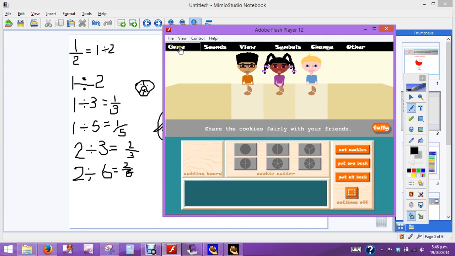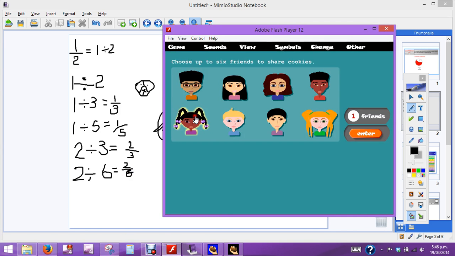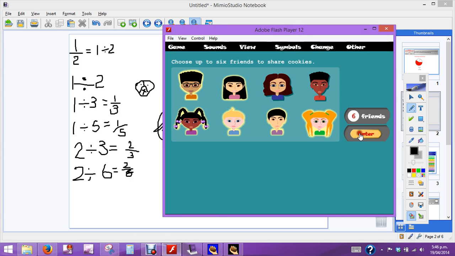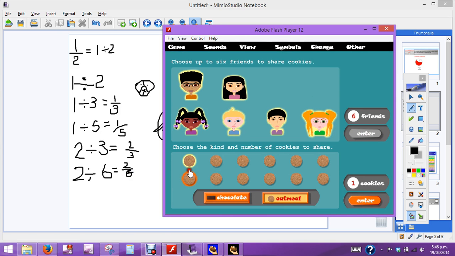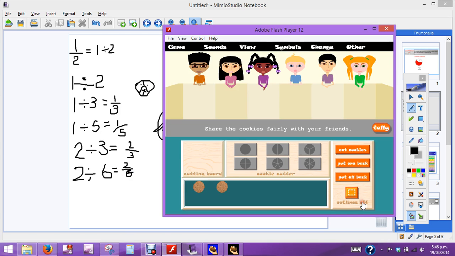So I think I need 6 mates, and I'm going to need 2 oatmeal cookies, and I'm going to divide it 6 ways. So I'm going to use my 6th cutter for my first cookie, and so each person gets a 1/6 of one cookie, and they also get a 1/6 of the second cookie.